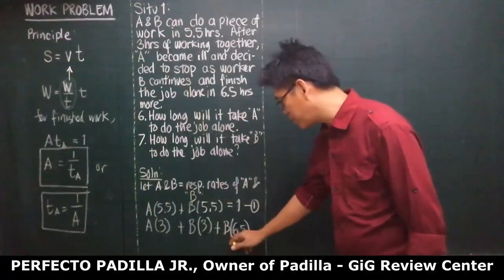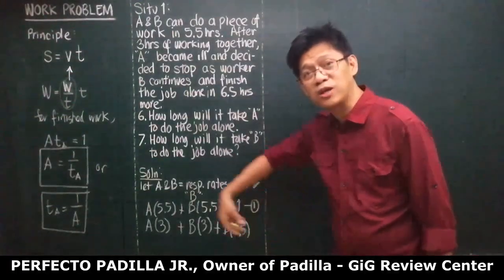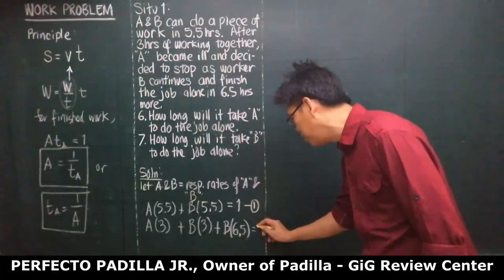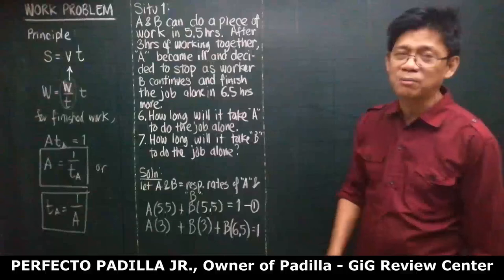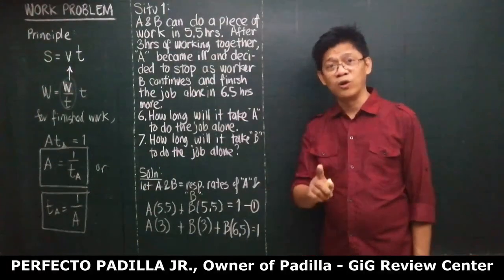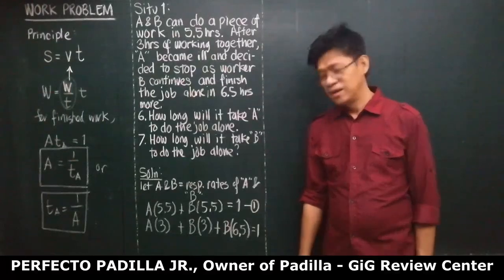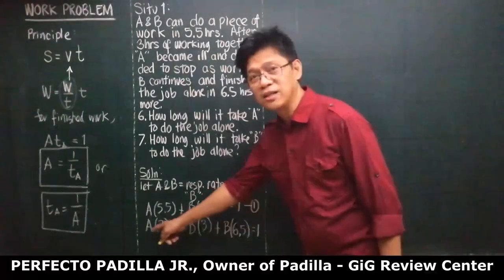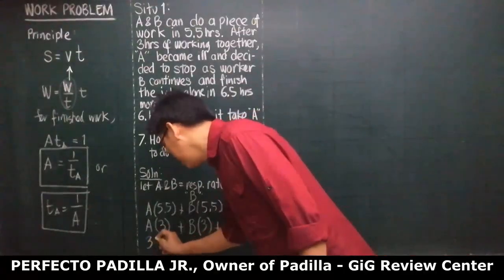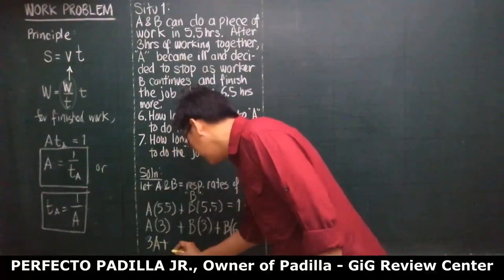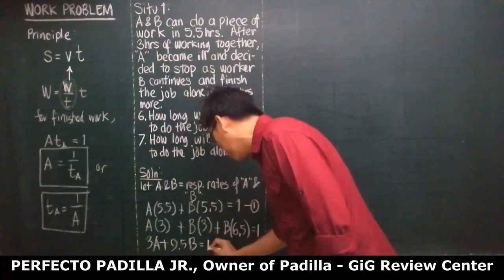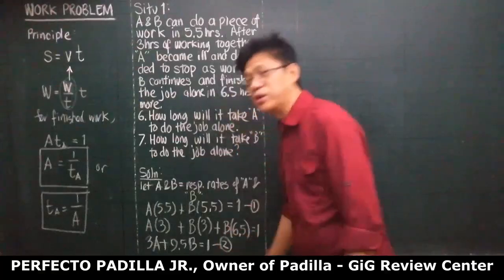After B worked for 6.5 hours without A anymore, tapos ang trabaho, this is equal to 1. Basta natapos ang trabaho, rate times time, once it is finished, work is equal to 1. So, simplifying this equation, we will have here 3A plus 9.5B is equal to 1. Let me call this equation 2.